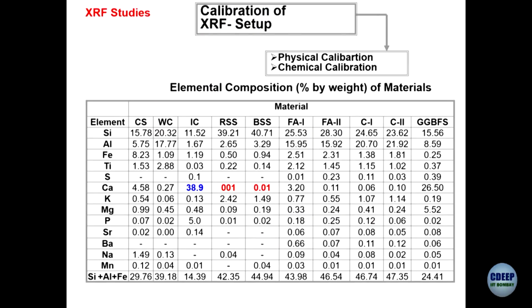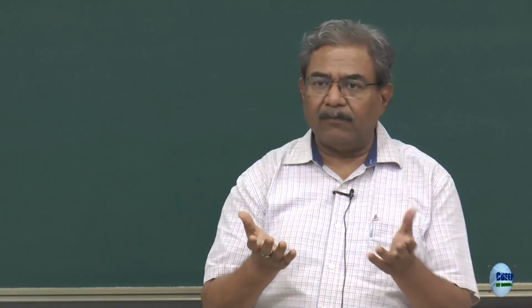Here I have written the calibration of the setup. Calibration of the setup is done in two ways: one is the physical calibration and one is the chemical calibration. Physical calibration is normally done by the operators, setting up the X-ray beam, the platform on which the samples are kept, the temperatures and other things which have to be maintained.